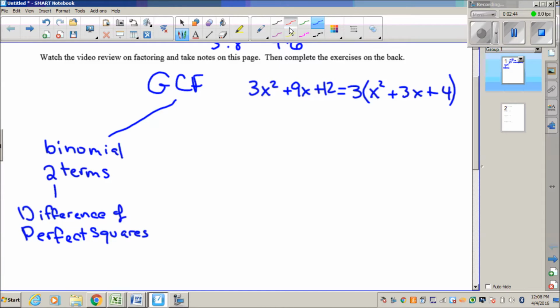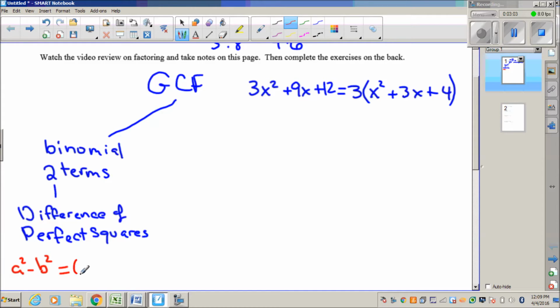So if you have a polynomial that says a squared minus b squared, here we have a binomial, two terms, a squared and b squared. They're both perfect squares, and there's a subtraction sign between them, so it's the difference of perfect squares.